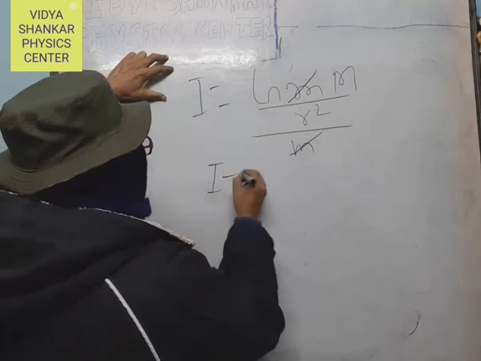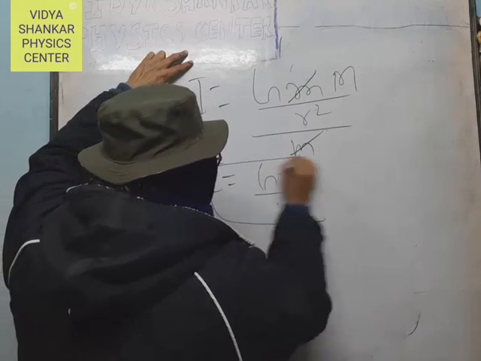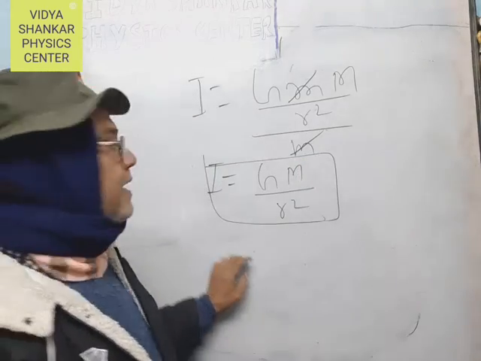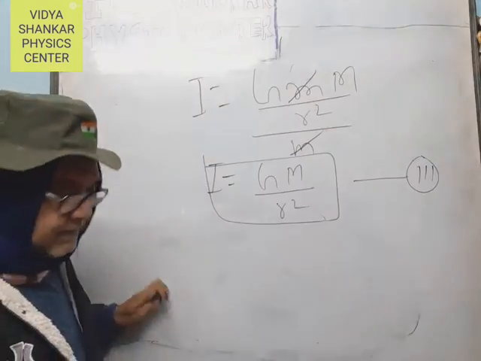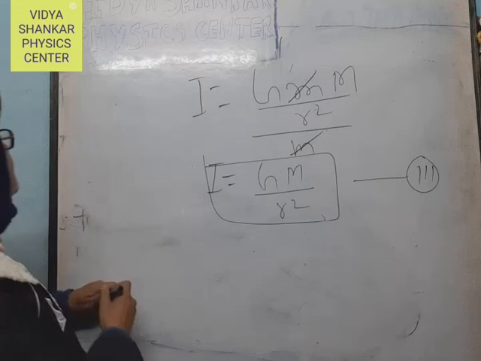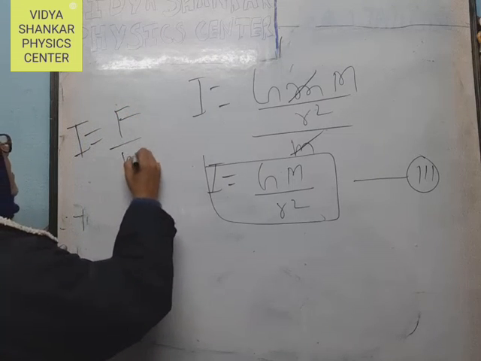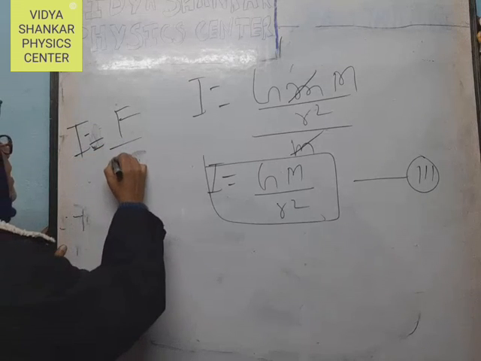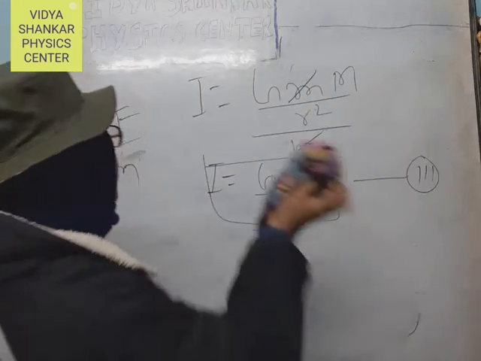Therefore, I equals G M upon r squared. That is the expression for the intensity of the gravitational field. There are two expressions: I equals F by m, and I equals G M upon r squared.